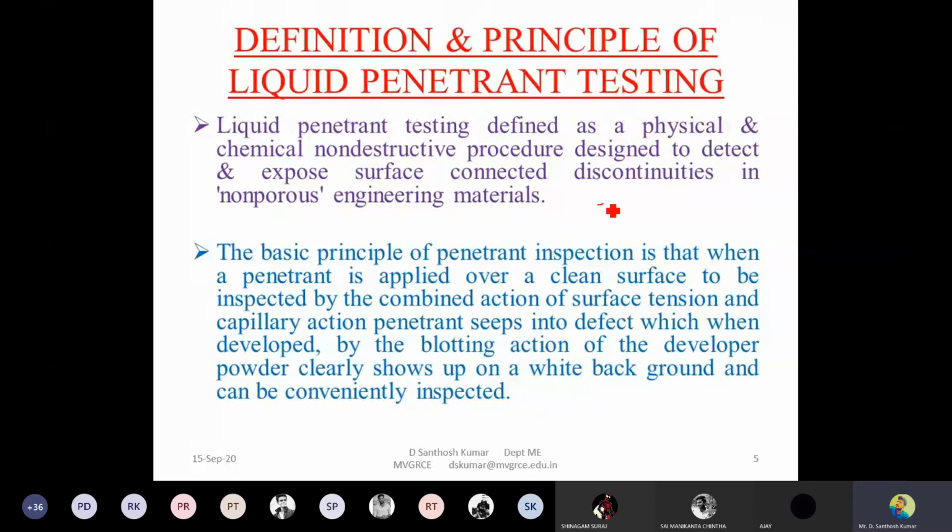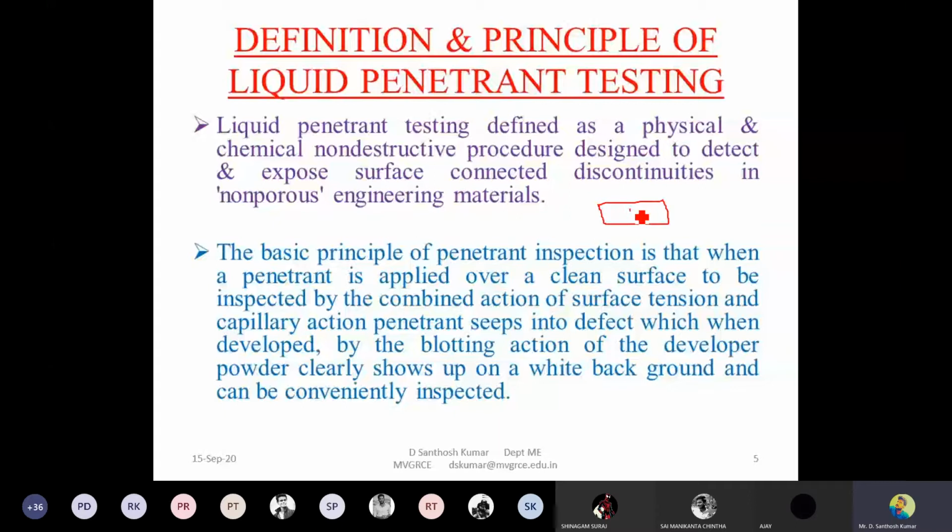If this is your surface, and for example there is a crack like this inside the thickness, with cracks like this, you can't use liquid penetrant because the liquid won't enter into this crack.